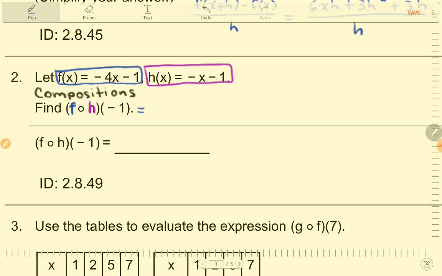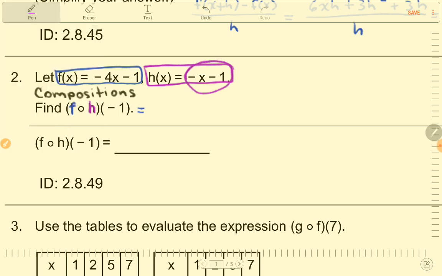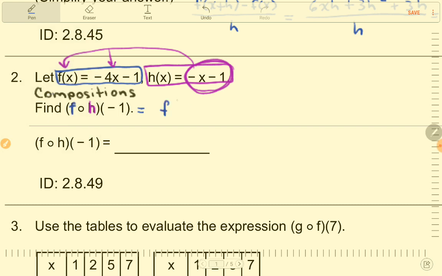So f of h is going to be put into f of x. So I'm actually going to put this entire expression in place of x inside of f. Another way to denote this is to write it like this: f of g of x equals -1.